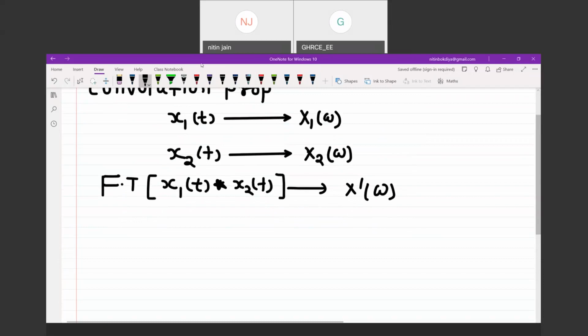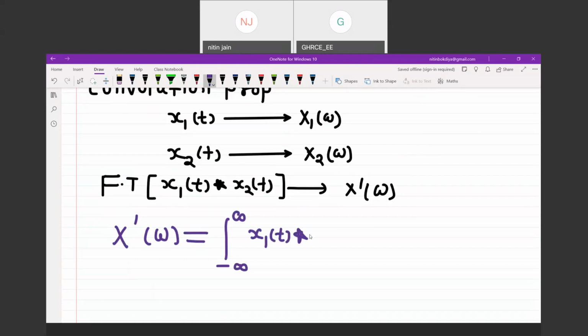So we can say X'(omega) can be written as the integral from minus infinity to infinity of x1(t) convolved with x2(t), multiplied by e to the power minus iota omega t, dt. Now we know the idea of convolution.